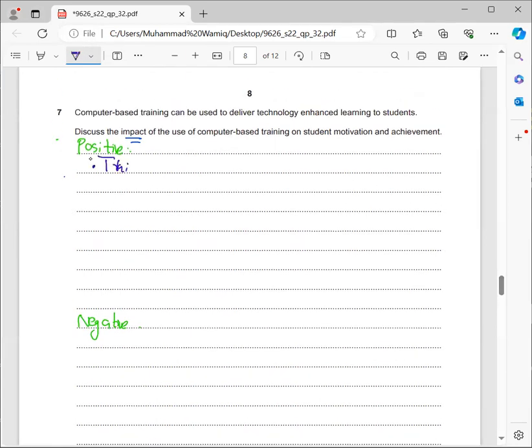First point can be training is more accessible to students as they can be used anytime.